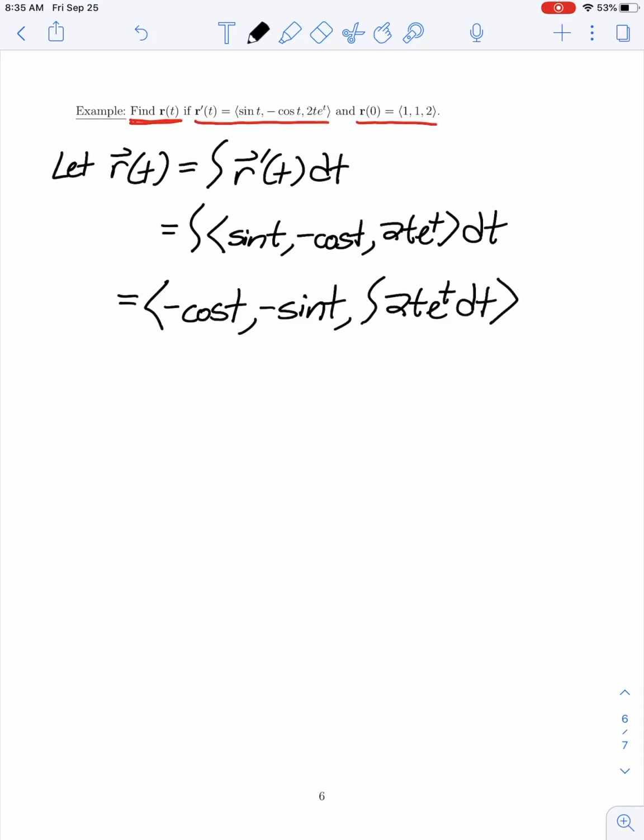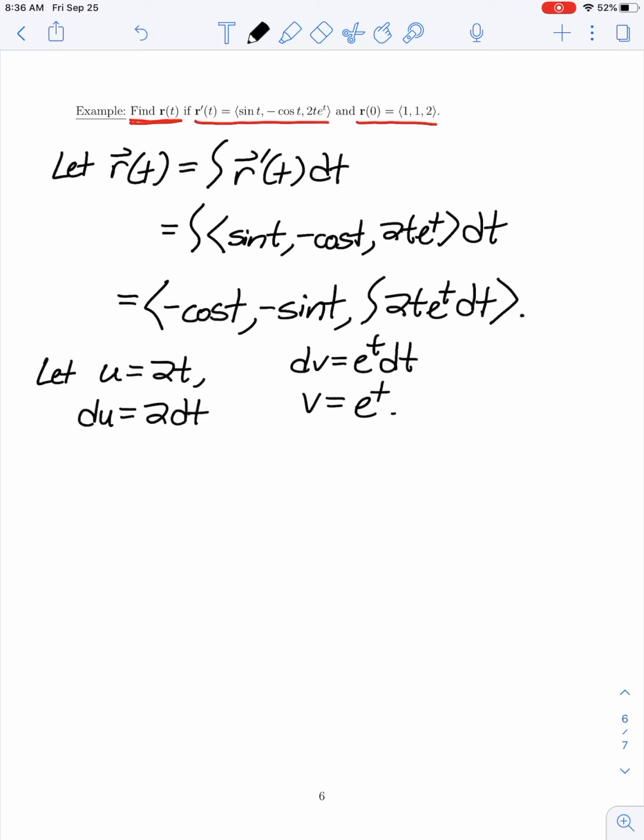Now to evaluate that third integral, we're going to use integration by parts. Let's look at a little work for that last component. I would choose u as 2t, so that dv would be e to the t dt, and then du would be 2 dt, and v would be e to the t.